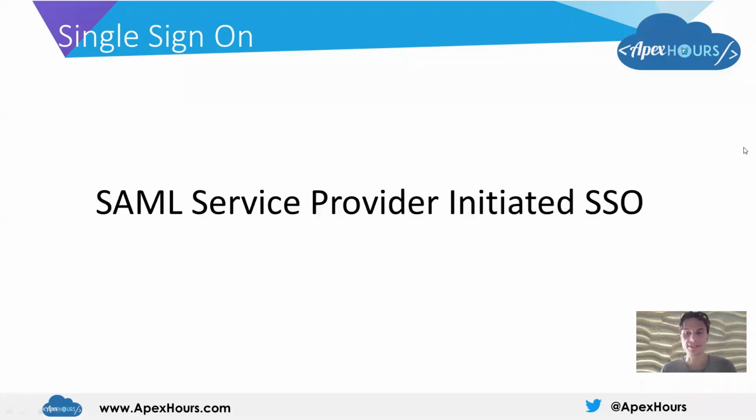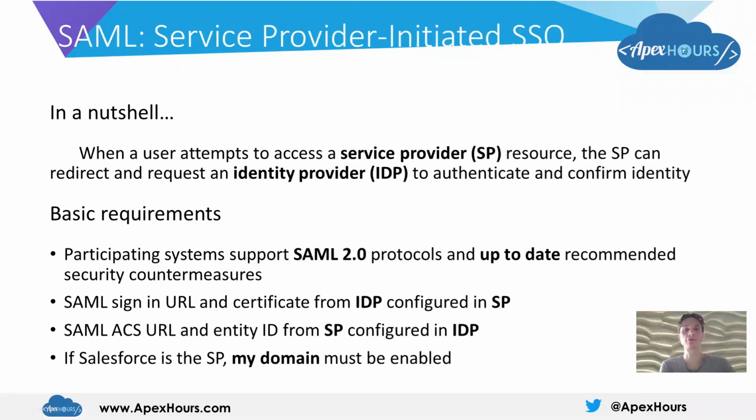Service provider initiated single sign-on. This is a SAML protocol, and it's a pattern which allows the service provider, so the application or the environment that the user wants access to, to request from the identity provider that they authenticate the user and confirm the identity.